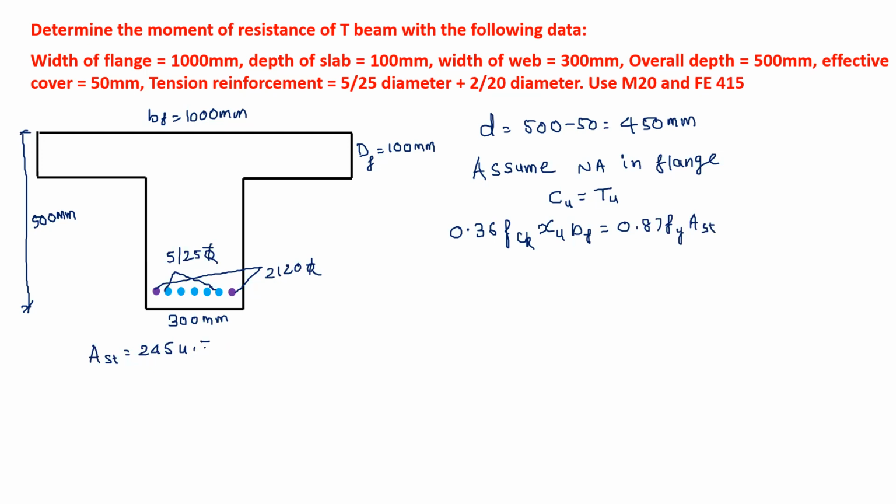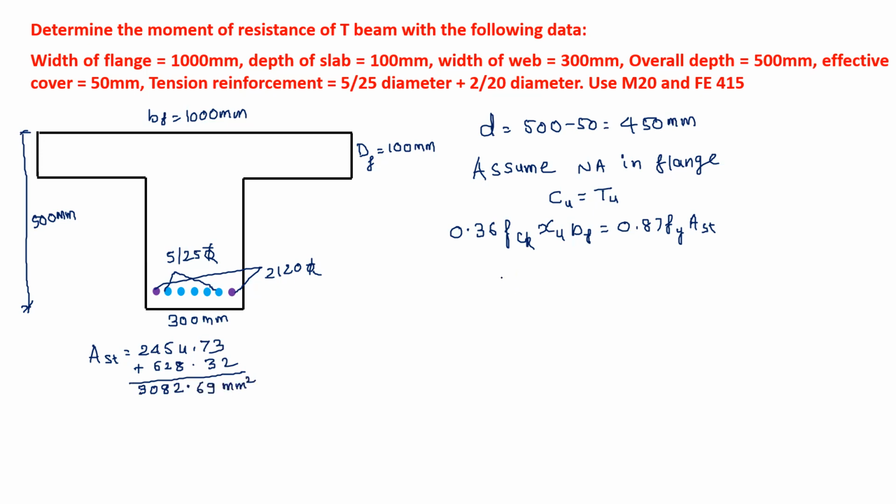If we calculate the value of AST, for 25 torr we have 2454.73 plus, for 20 torr, we have 628.32. And from this, we will get total steel 3082.69 mm square.